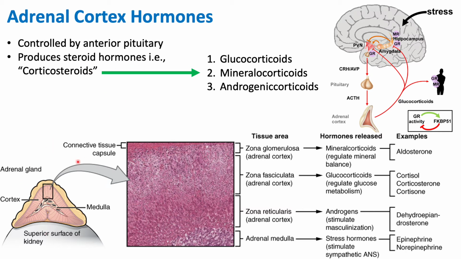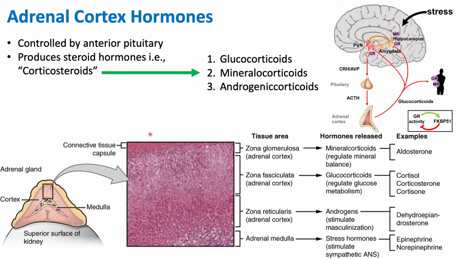So when ACTH reaches that adrenal cortex, the adrenal cortex will then release steroid hormones. And these steroid hormones are lipid soluble, meaning that they are actually able to enter through our cell membrane and cause changes at the DNA transcription level and affect the proteins that are going to be translated.